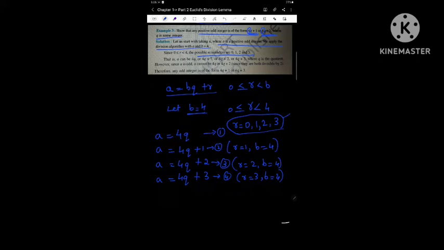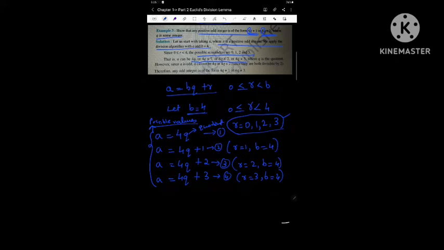Then what they say is, that is a can be 4q or 4q plus 1, 4q plus 2 or 4q plus 3. That's what we have done here. You can see it. These are possible values, right? Then where q is a quotient, and here we have considered it as a quotient from our Euclid's division lemma.